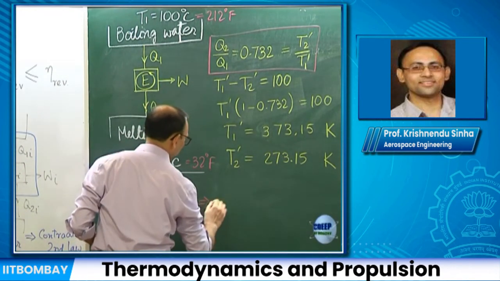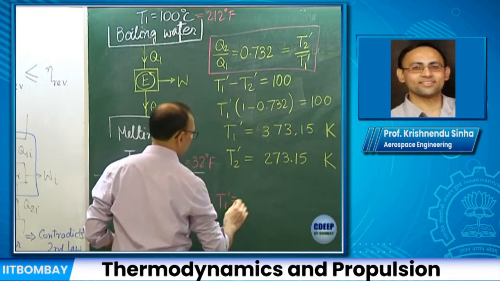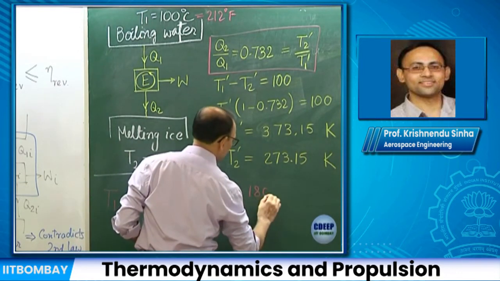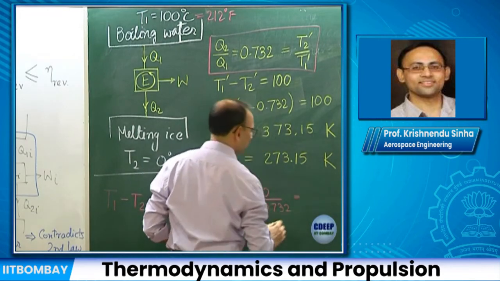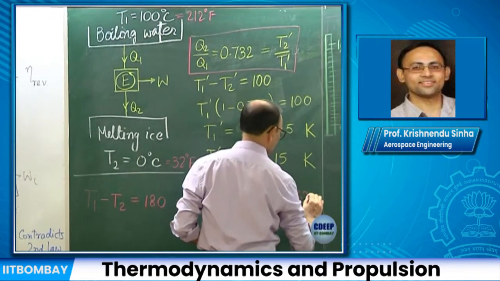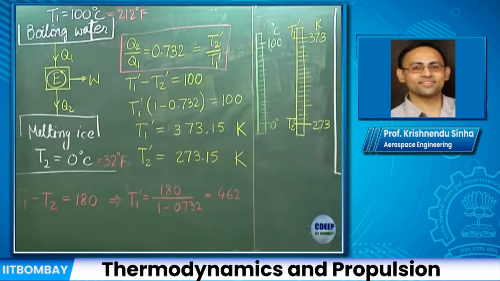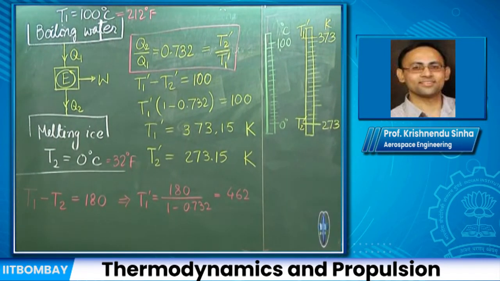So T1 prime is 180 divided by 1 minus 0.732, which comes out to be 462, I think. No, 672.